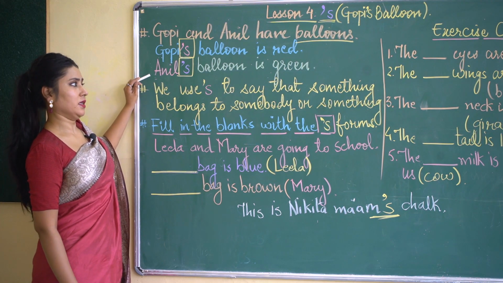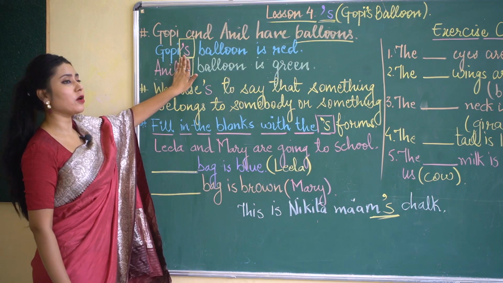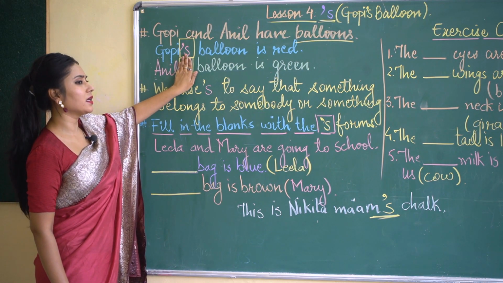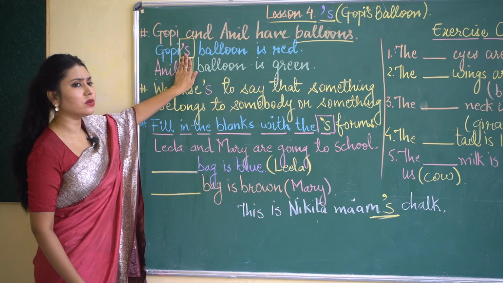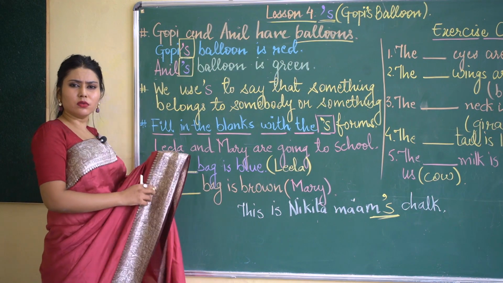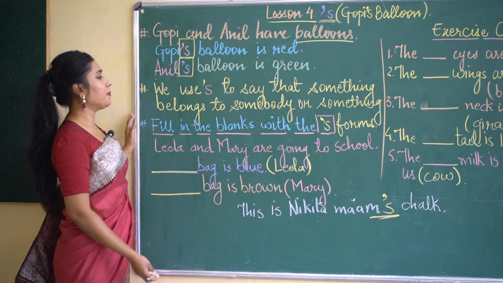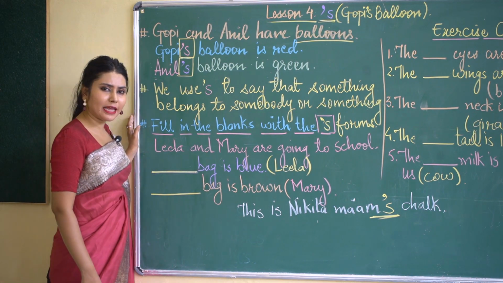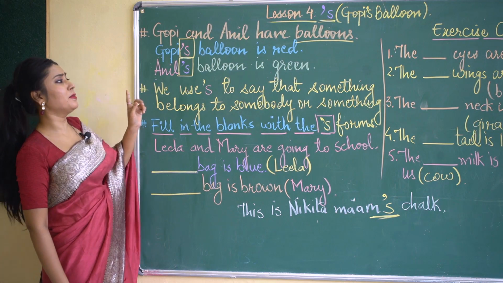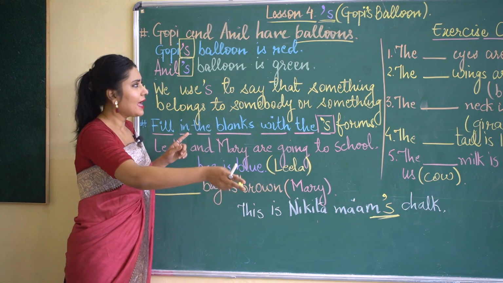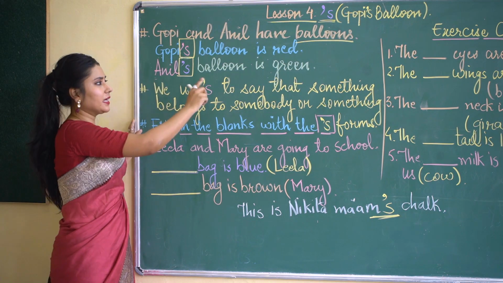Anil's balloon is green. Imagine if you hide the apostrophe S and just read Anil balloon is green. That means the name of the balloon is Anil. What is Anil balloon? It is no name of a balloon. But when you apply an apostrophe S explaining that Anil's balloon is green, that means Gopi's was red and Anil's is green.